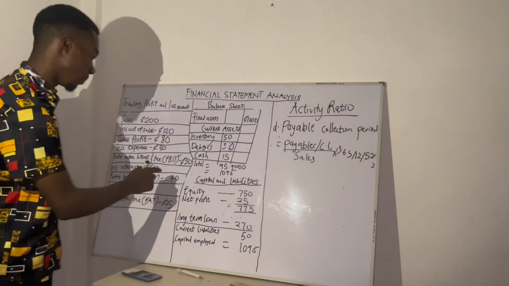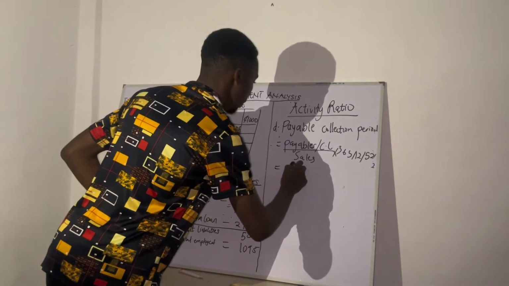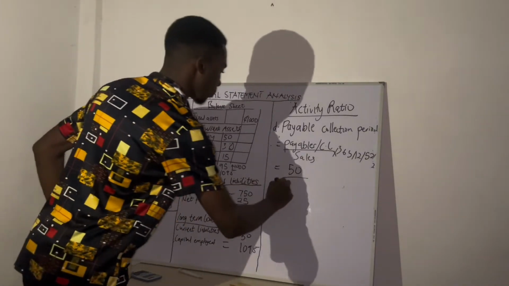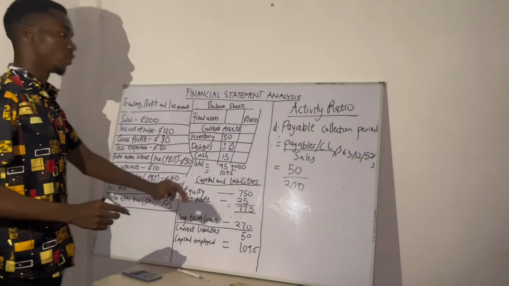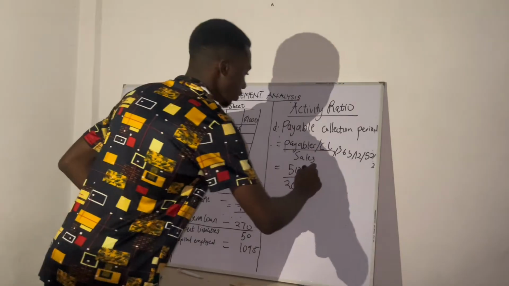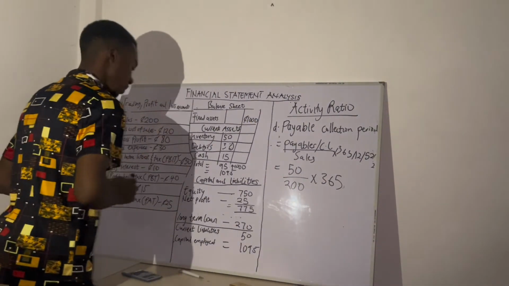And what's the current liabilities in the question? It says 50. So we have 50 over the sales, and the sales is 200. So we have 50 over 200. And the first one you calculated in days. So this one you can also do it in days. So times 365. Now let's see what you get.